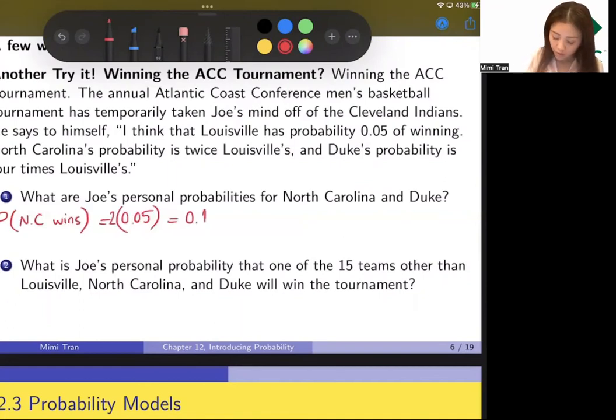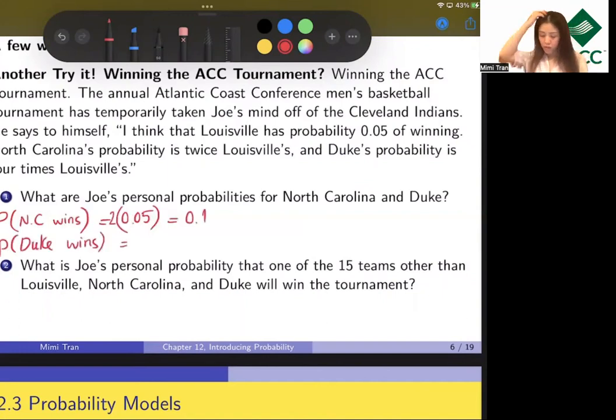And the probability that Duke wins: Duke's probability is 4 times Louisville's. So 4 times 0.05 means 0.2.